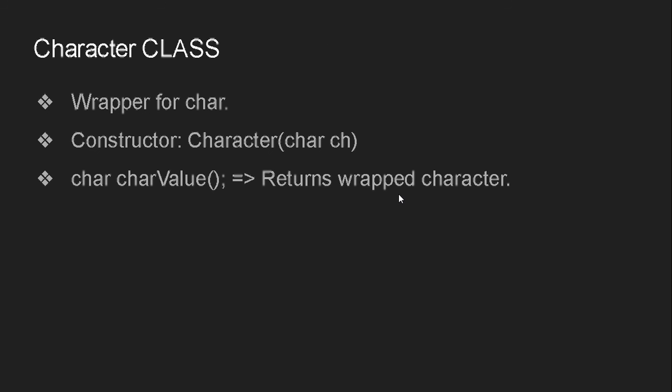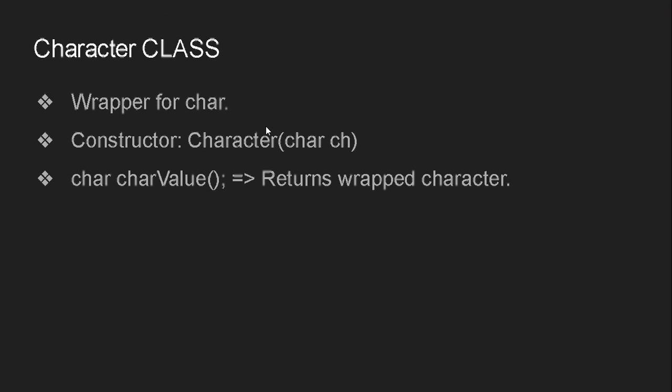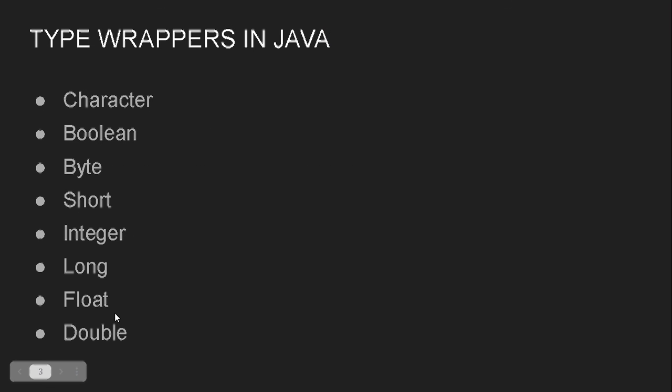Now one thing you might wonder is what is the difference between the primitive data type and these type wrappers. One thing you need to keep in mind is that, as I've said a lot of times in previous tutorials, every class you define in Java inherits from a class. Whether I'm talking about this Character class, or Integer, or Float, or Double, or all these 8 classes, they are going to inherit from the Object class, because Object is the base class of all the classes defined in the Java programming language.